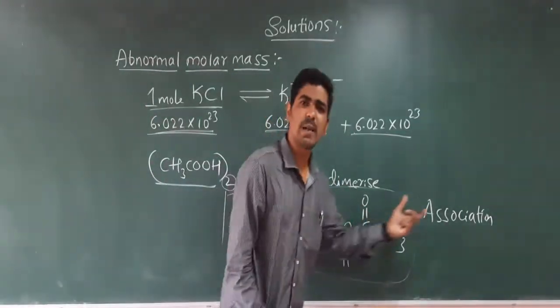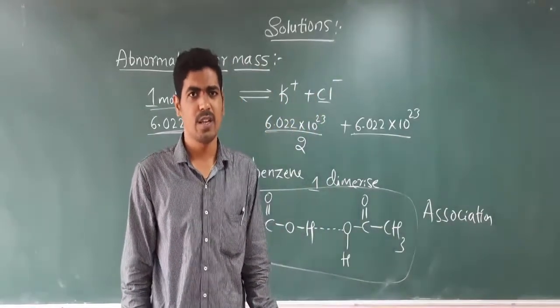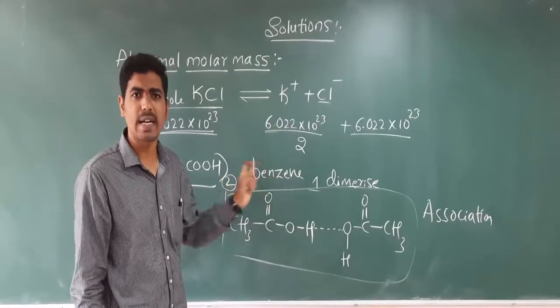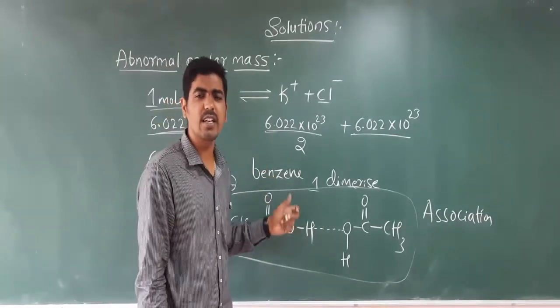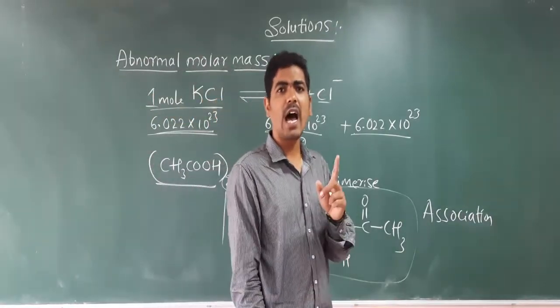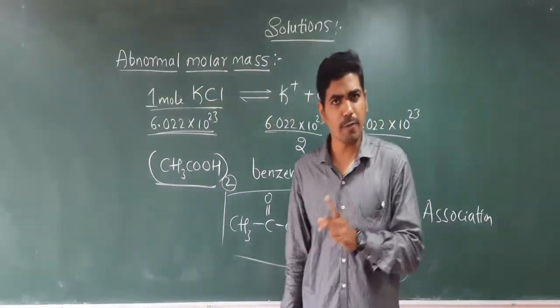Okay, and that takes place due to association, and this leads to a change in the number of particles. Due to the change in the number of particles, as you know, the colligative properties mainly depend on the number of particles.